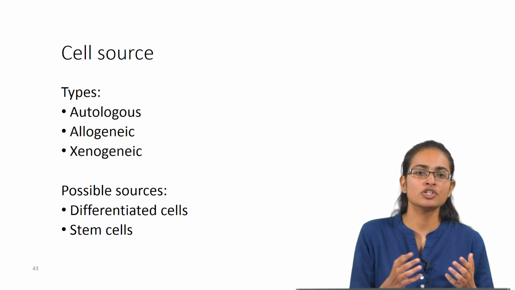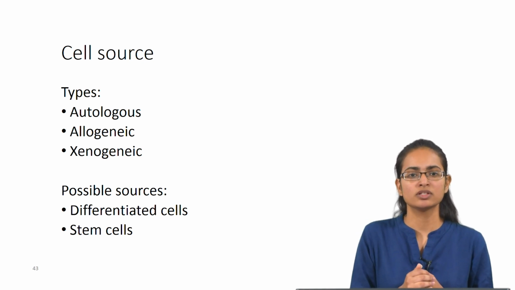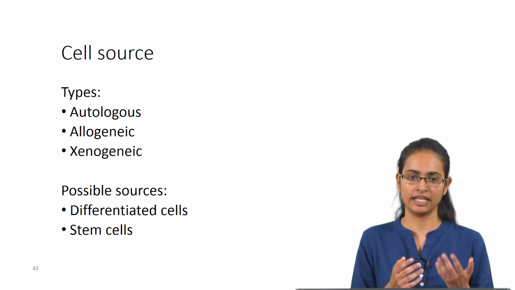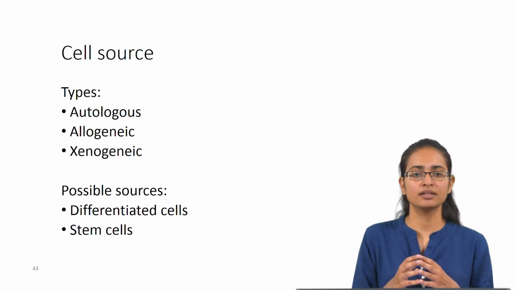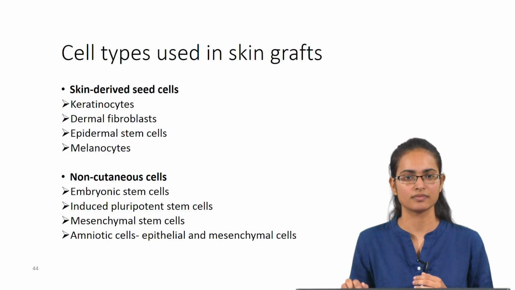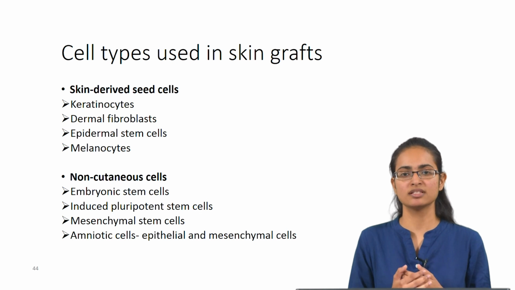So, what is the source of the cells that are used for seeding? They can be autologous, allogenic or xenogenic as discussed previously, or they can be differentiated or stem cells. So, different cell types are used in skin grafts.